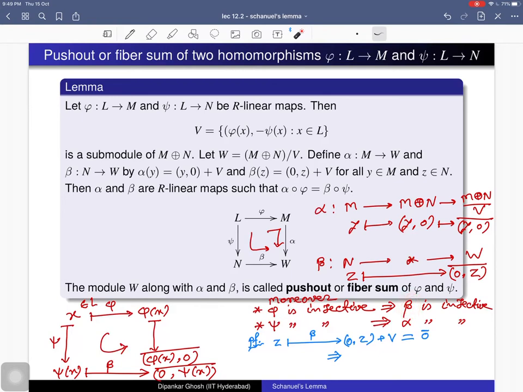So what is beta? Beta is mapping any element z to its equivalence class of (0, z).